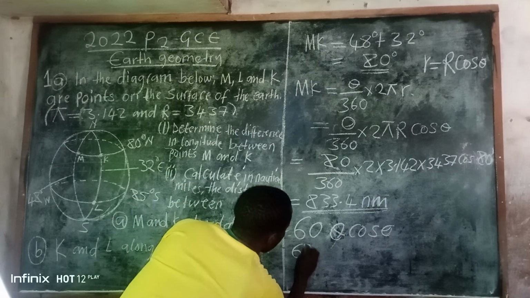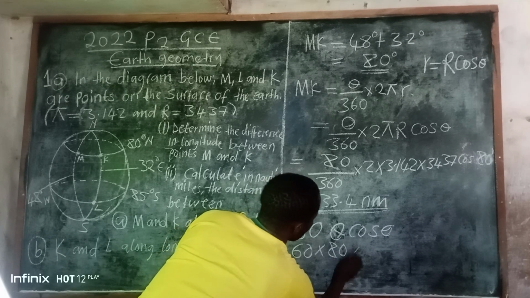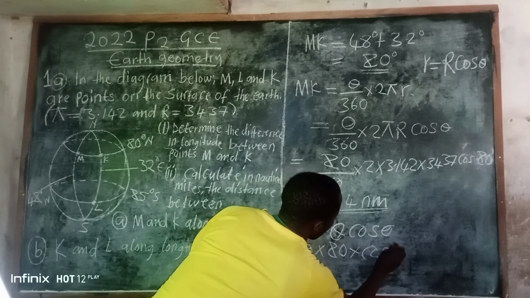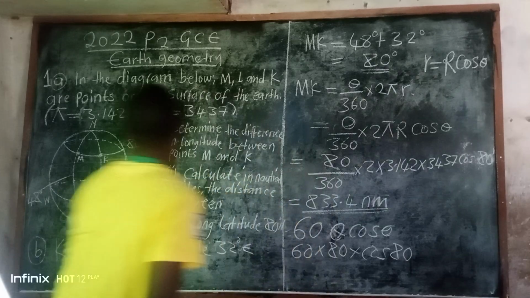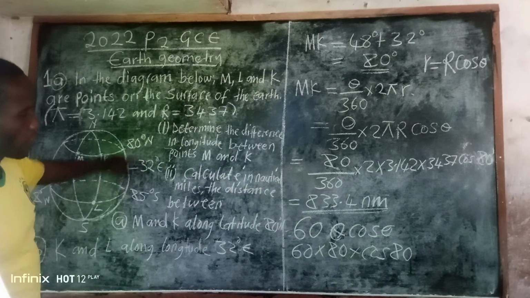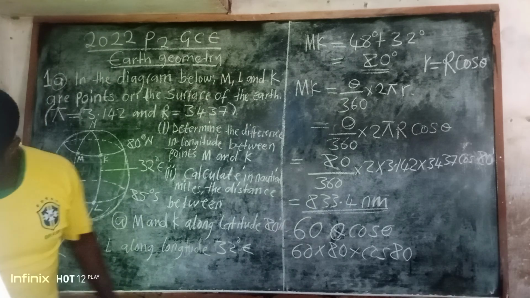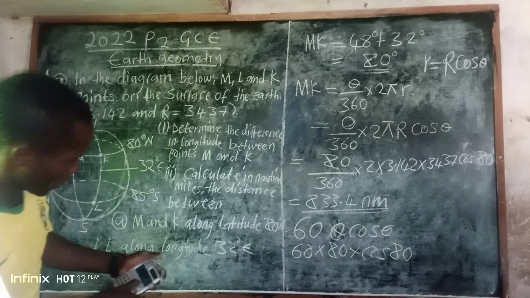So we have 60 times theta, which is 80. Then times cos, we have 80 again. Cos 80 degrees north. So we will still get back to the calculator.